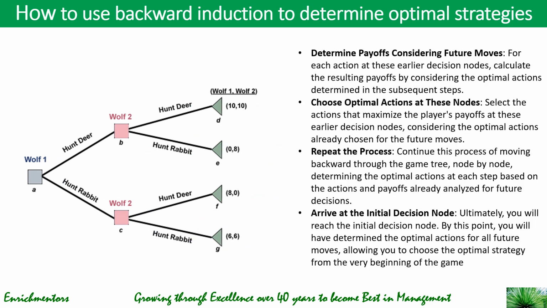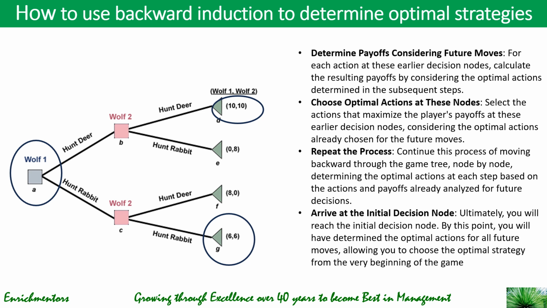Then you determine the payoffs considering future moves. So for each action in these earlier nodes, which is for wolf 1 here, you calculate the resulting payoff by considering the optimal actions determined in the subsequent steps. So, given the optimal choices for wolf 2, these are the two payoffs for wolf 1, and between the two you say which is optimal.